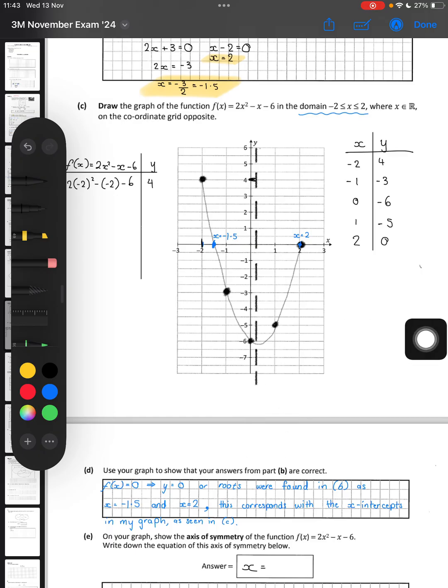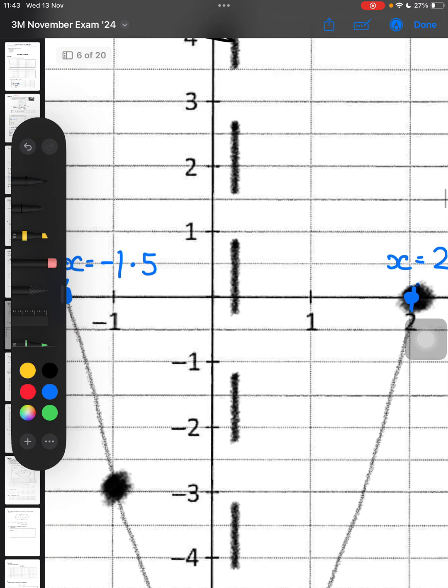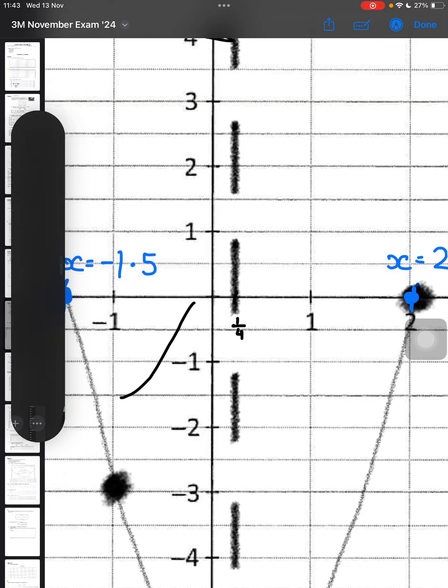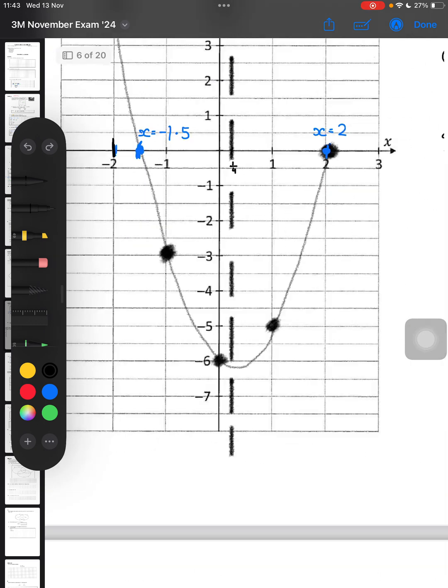And what is that value of x? Well, let's see where it crossed over. I'm going to say that's at about 1/4. So x is 1/4, no matter what my y coordinate is in that vertical line.